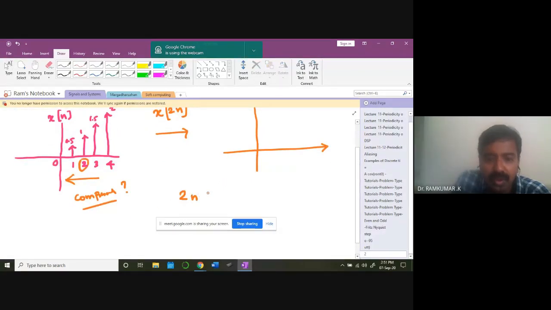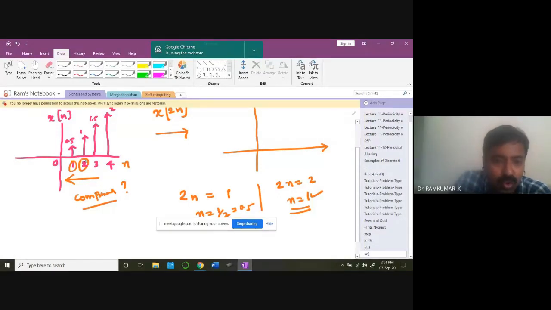If 2n is equal to 1, then n is equal to 1 by 2, and 0.5 is not allowed. So that sample is totally eliminated. Whatever is there at 1 will not be coming. Then 2n is equal to 2, the second sample, then n is equal to 1.